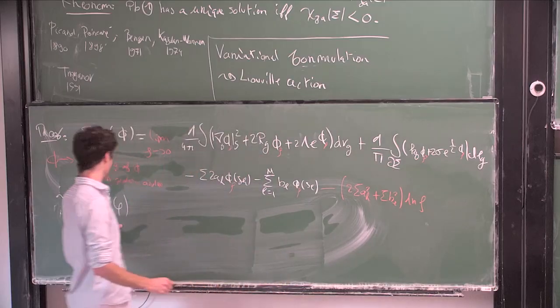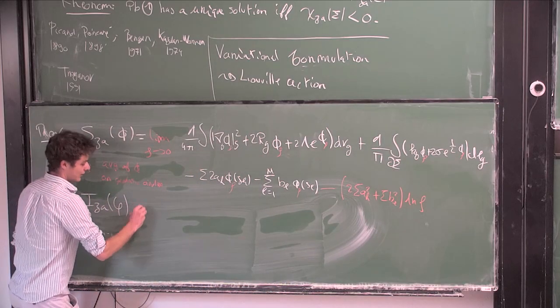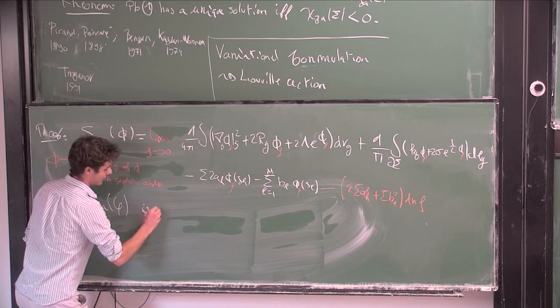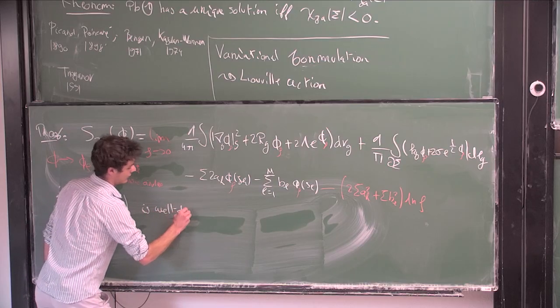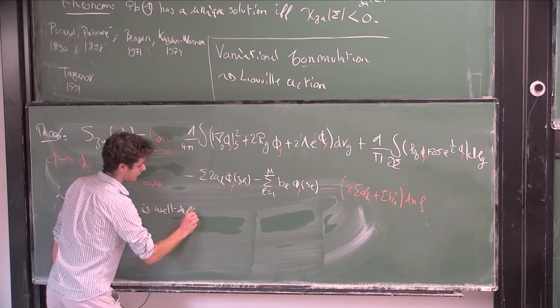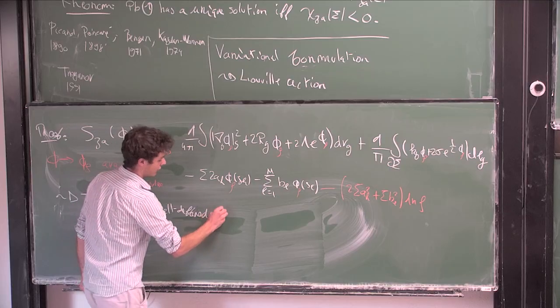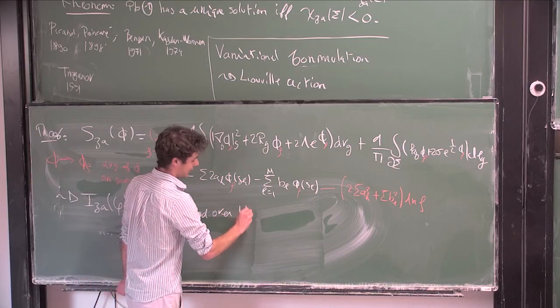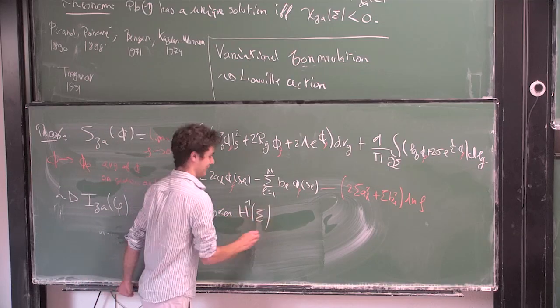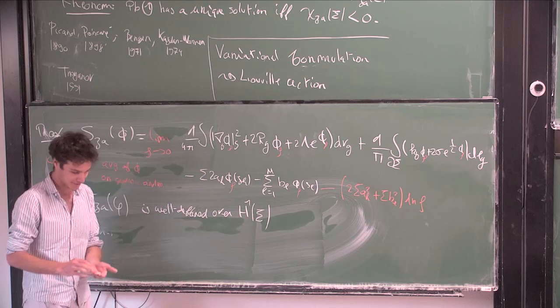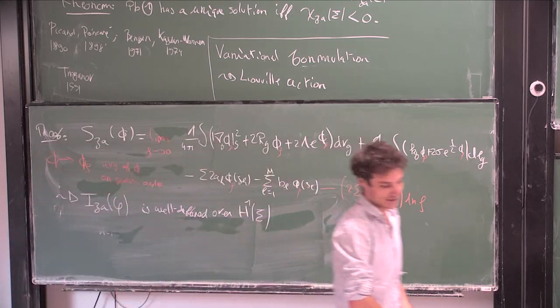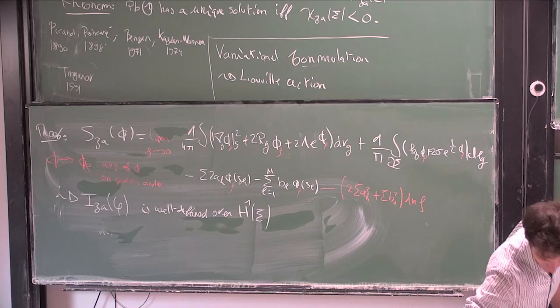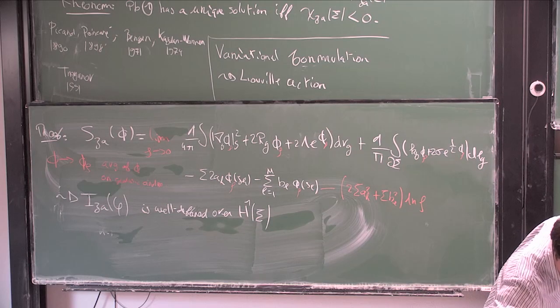But actually, this functional I is well defined over the Sobolev space, with these modern tools that Poincaré did not have. So it's well defined over the Sobolev space of index 1.